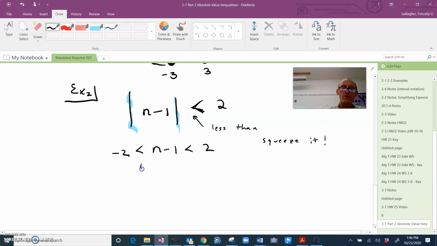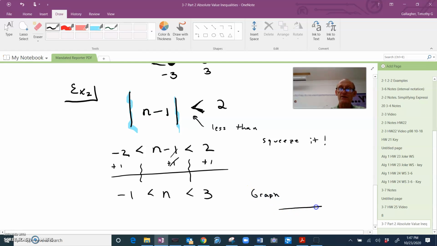Now I've got to solve this. So this is 2 inequalities here. I'm going to add the 1, and I get n less than 3 and greater than negative 1. So the graph of this looks like this.